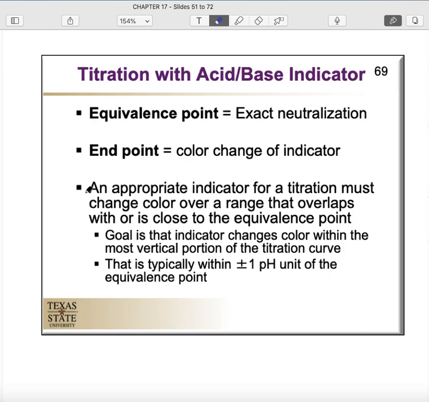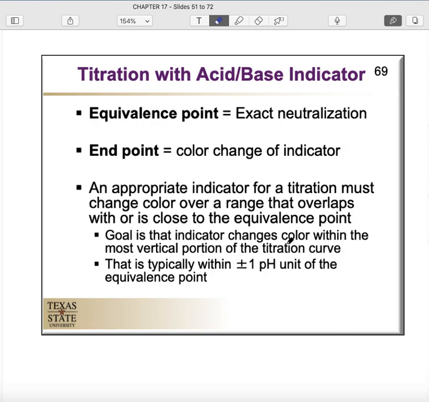To select an indicator for a titration, you need to make sure that it changes color close to the equivalence point, close to the pH at which the equivalence point is located. And because of that, you need to look at the pKa of that indicator and select one that is close to the pH of your equivalence point.